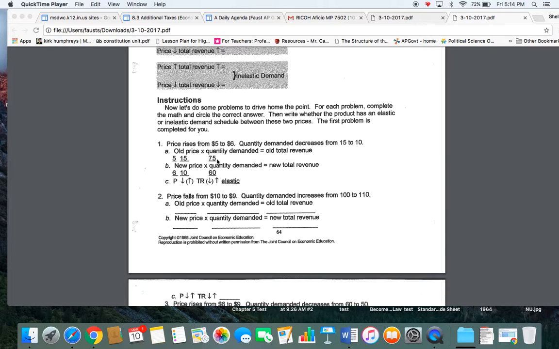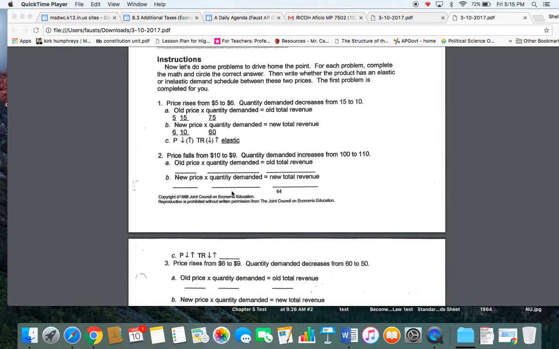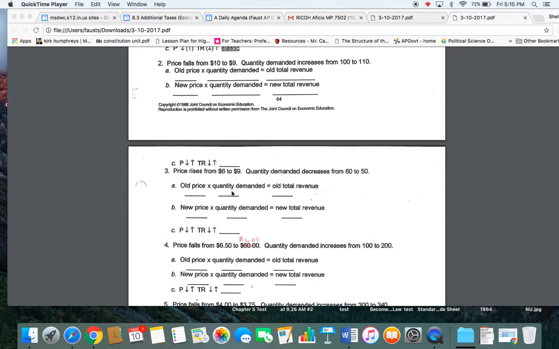Our total revenue went from 75 to 60. That is a decrease, so we're going to circle the decrease. And so what we know by this is when price goes up and total revenue goes down, they're going in the opposite direction. The demand for this product is elastic. So for the rest of these, you're going to have to actually do it.